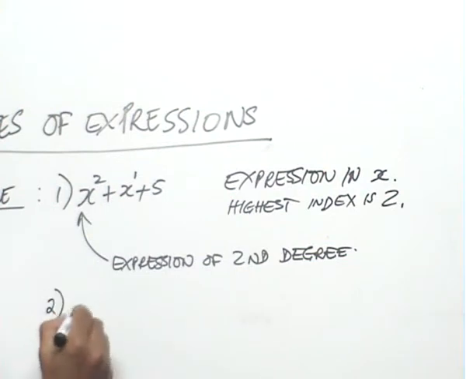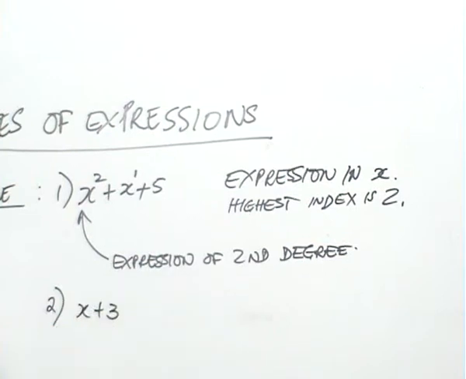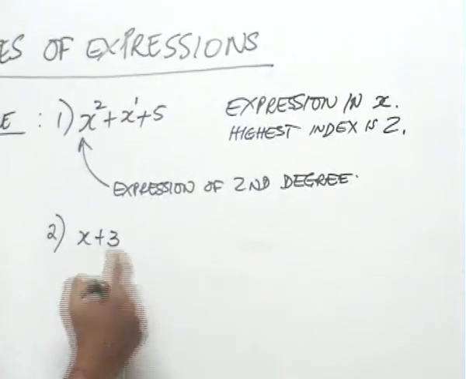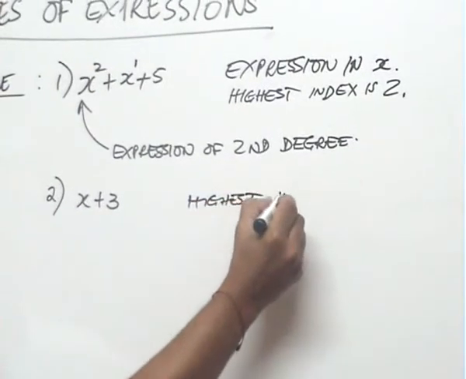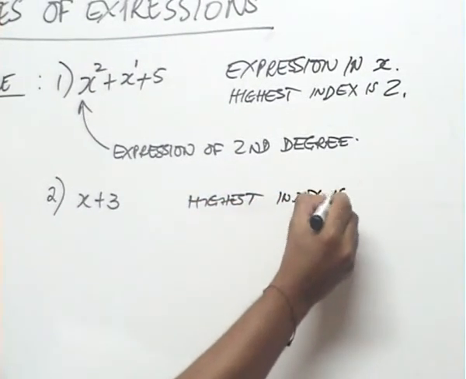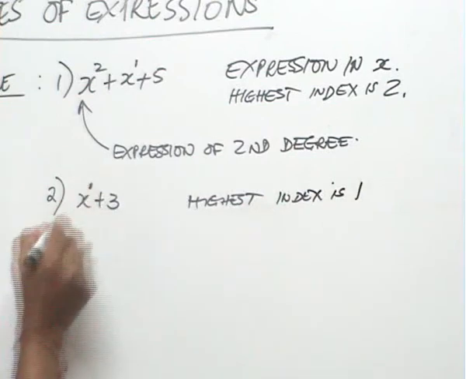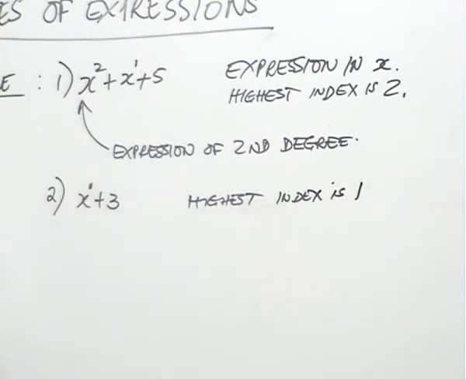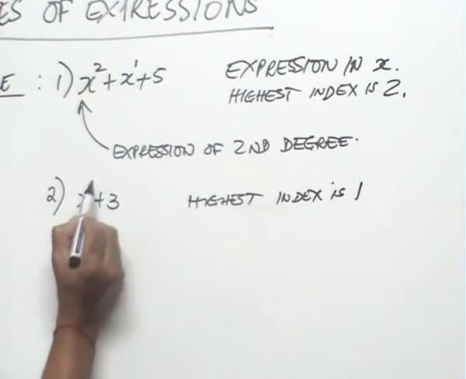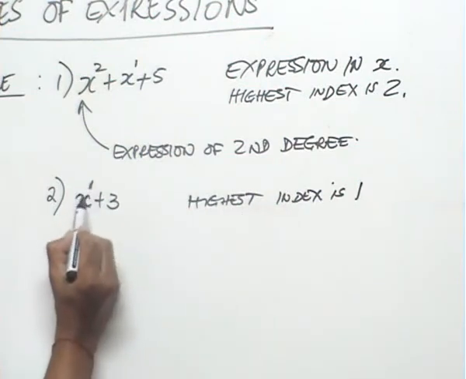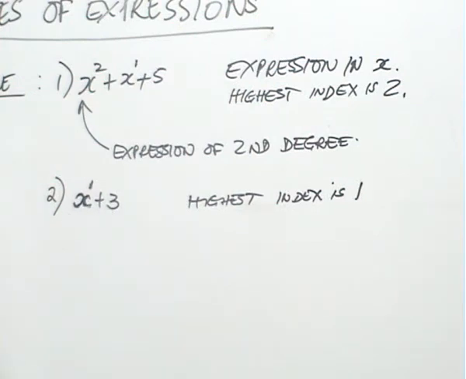So if you look at number 2, x plus 3, this is an expression in x. The highest index here is 1 because we're looking at the unknown. Remember, when we're looking at the index, we look at the index of the unknown. X is called an unknown, or it's also called a base.